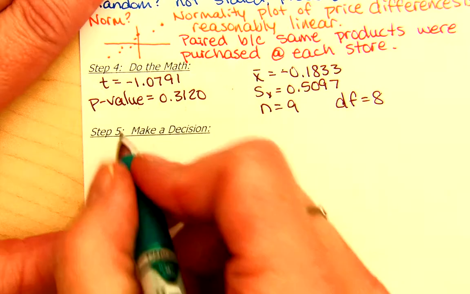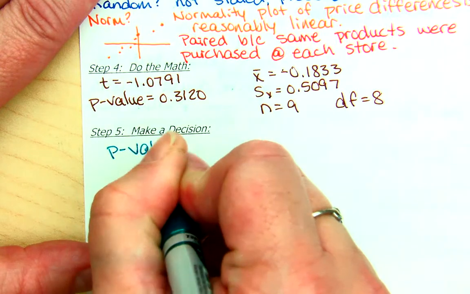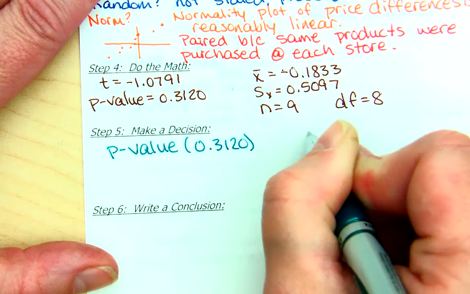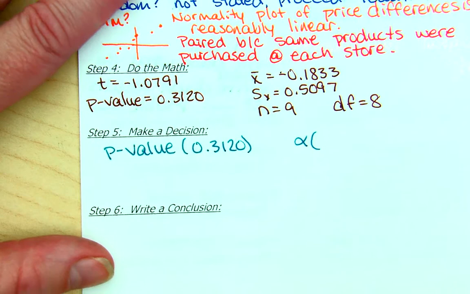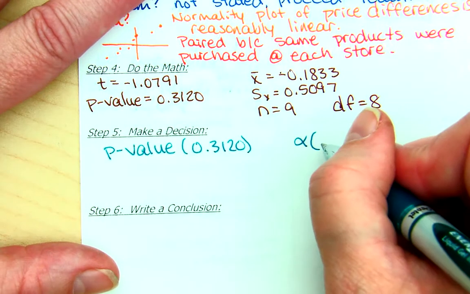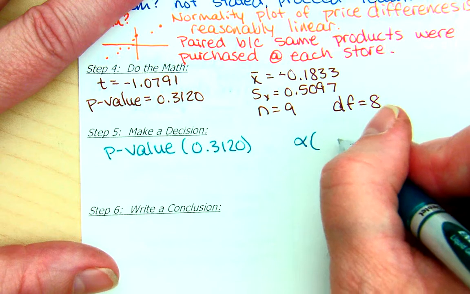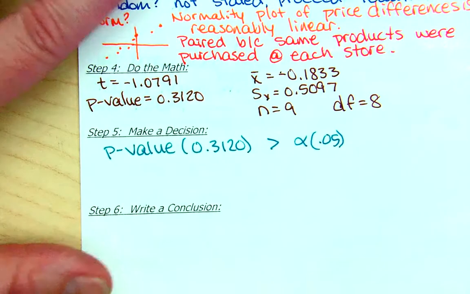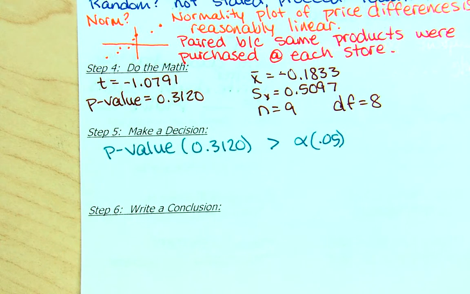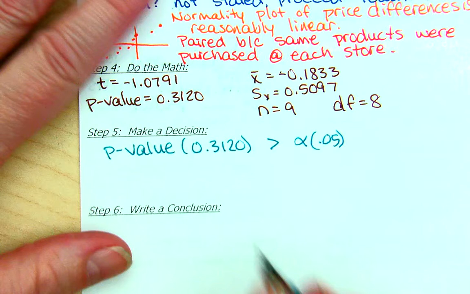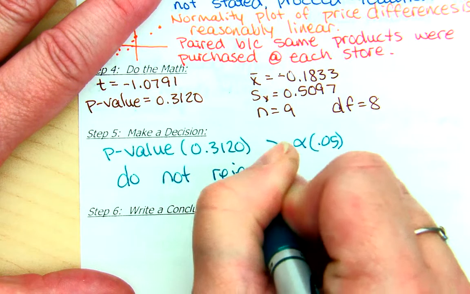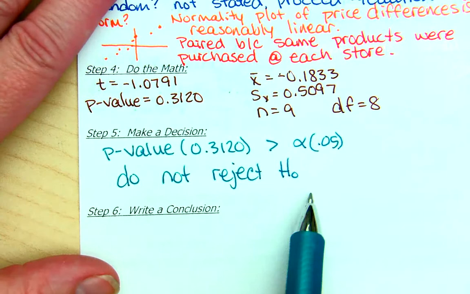So I need to make a decision. I'm going to compare my p-value, 120, to my alpha level, which they didn't give me, so I use what? Right, 0.05. Good. So my p-value is greater than 0.05. Do I reject or not? Not. Good. And make sure you write what you're rejecting.